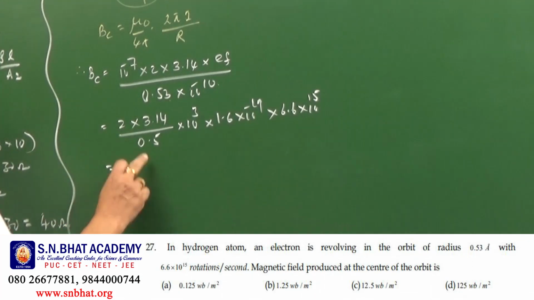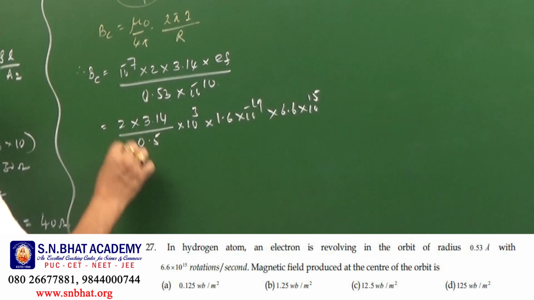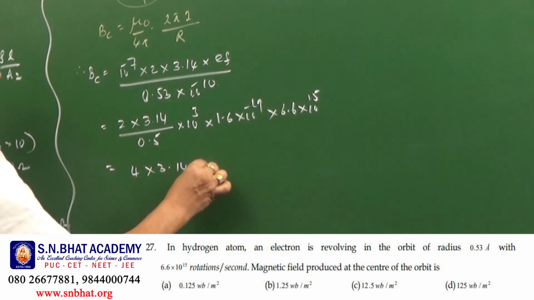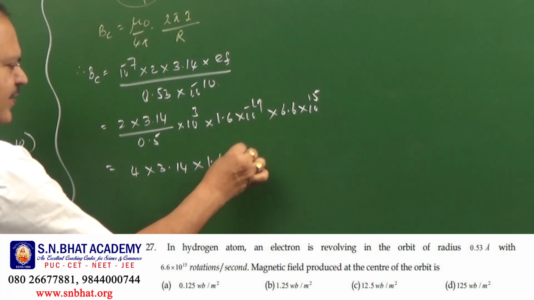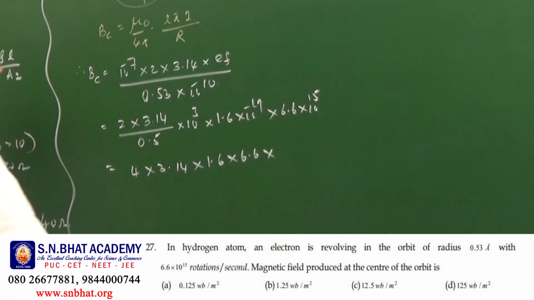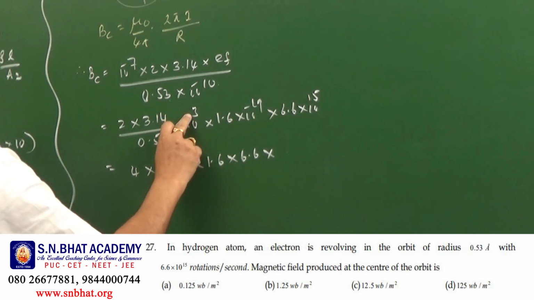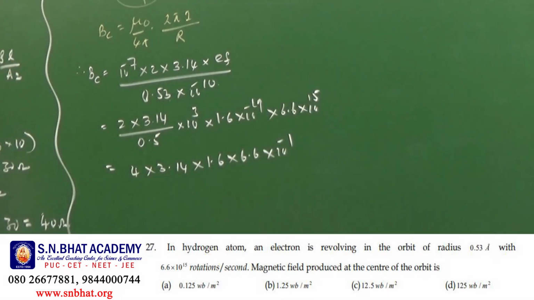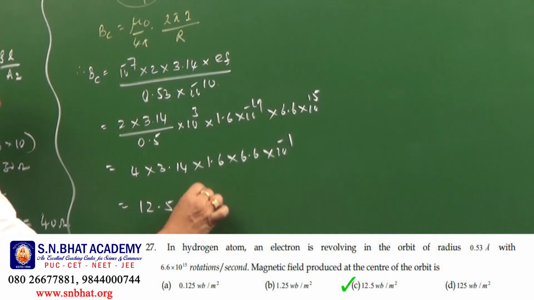Now this is equal to 0.5, and the half comes to the numerator. It is 4 into 3.14 into 1.6 into 6.6 into the powers of ten. Now you simplify all these things. On simplification, you will get it to be equal to 12.5 Weber per meter square.